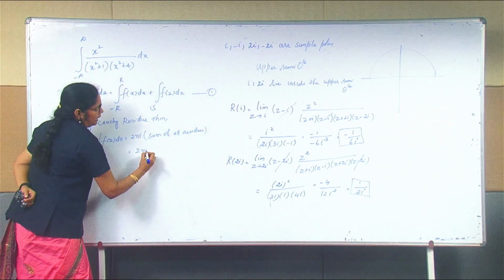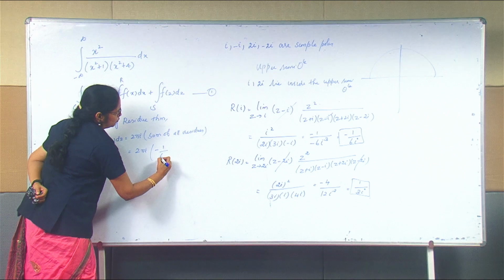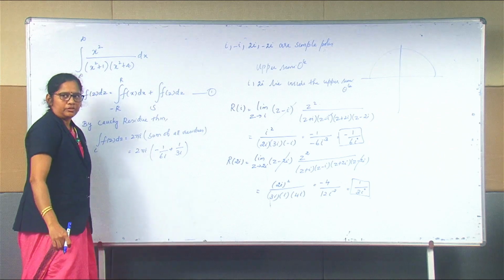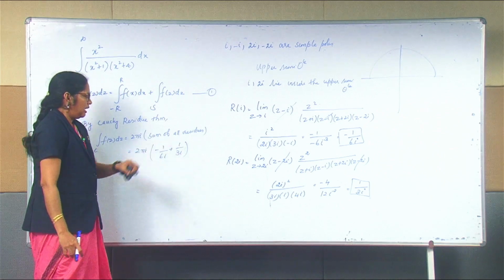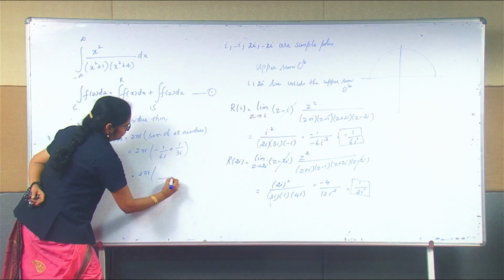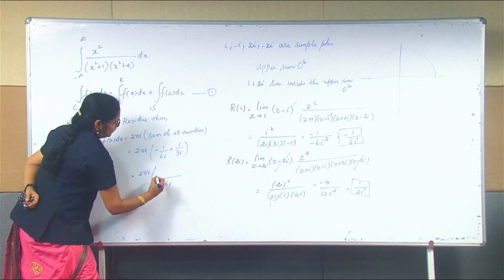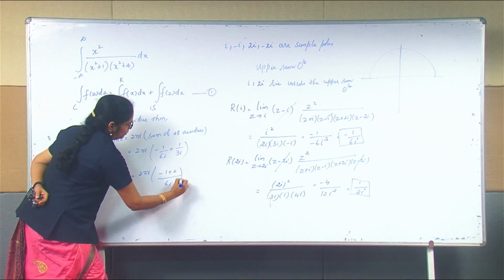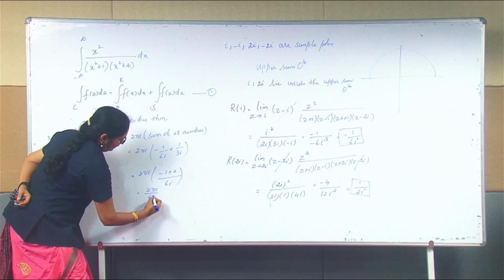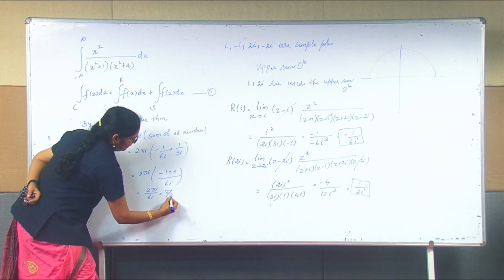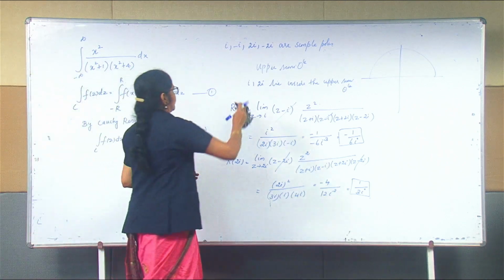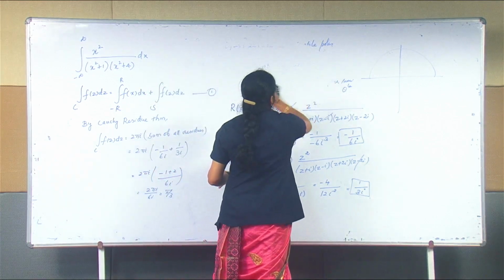So 2 pi i into (minus 1 by 6i plus 1 by 3i). Here we need to simplify by taking the LCM, so 6i is the LCM. So minus 1 plus 2, which is 2 pi i by 6i, so this is pi by 3. So pi by 3 is the LHS answer. We need to feed in the LHS part.